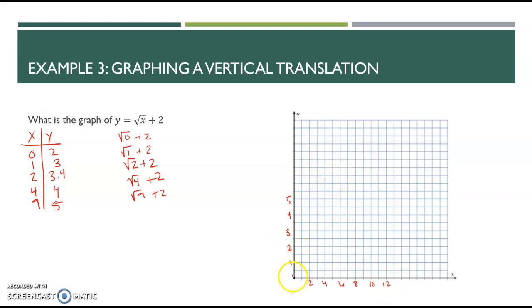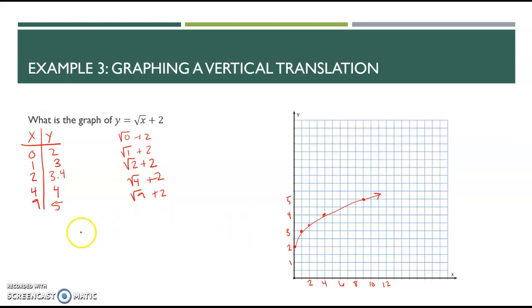We have the point at 0, 2. That's our first point. 1, 3, 2, 3.4, so just beneath. And then we're at 4, 4, and 9, 5. And then from there, we draw our arch, right? Our little half parabola on its side.